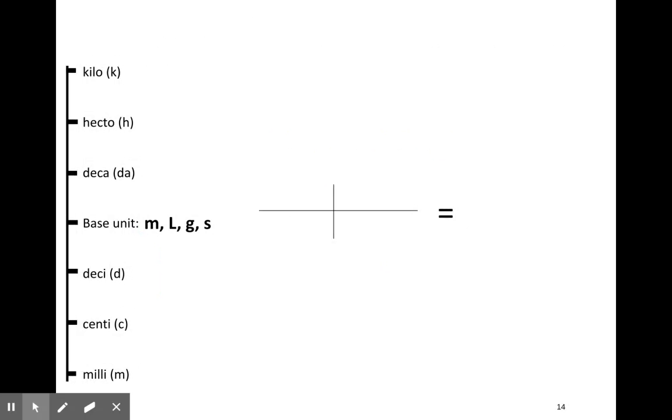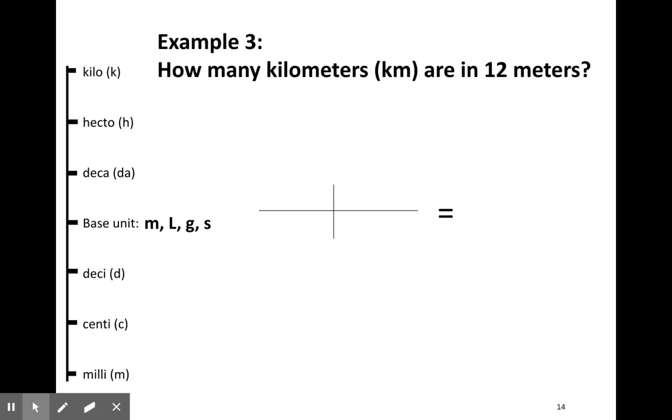All right, another example. Example 3. How many kilometers are in 12 meters? So again, I start with 12 meters. That's what I know. My final goal is going to be kilometers. And I know I have to, again, 1, 2, 3, so most likely multiply by 1,000, 10 times 10 times 10.